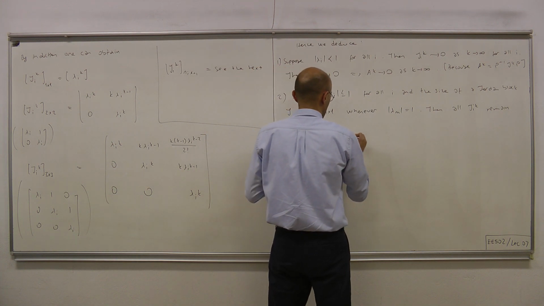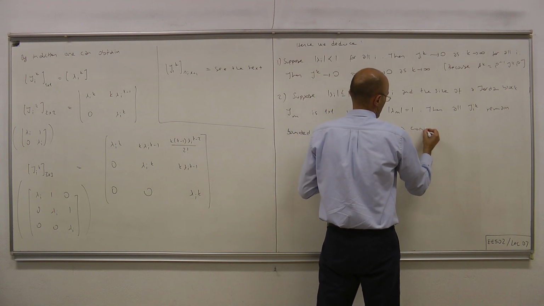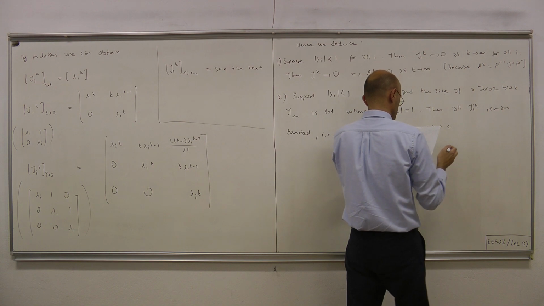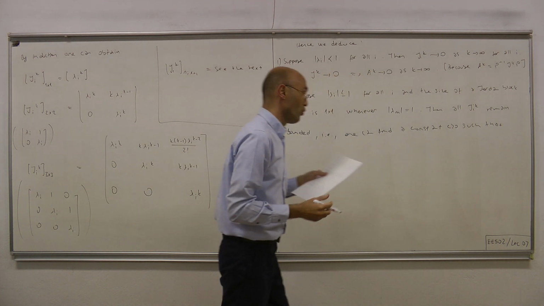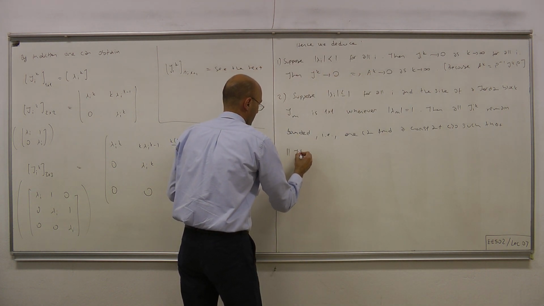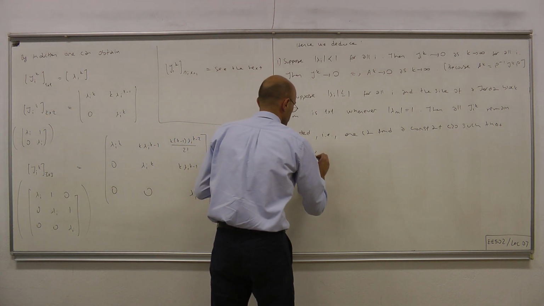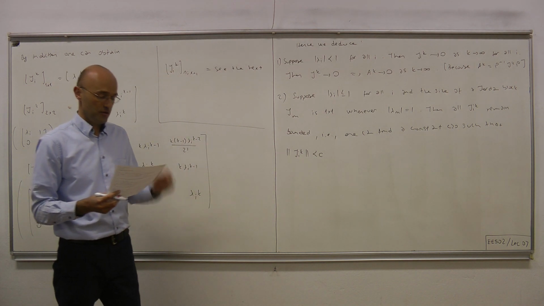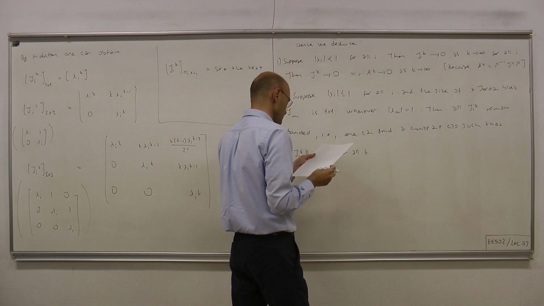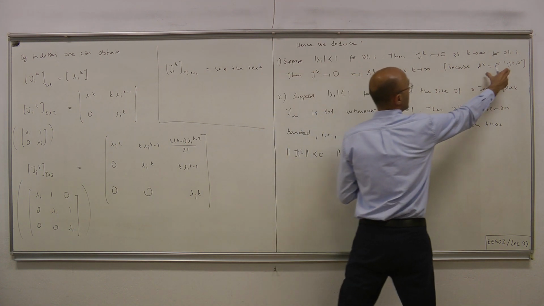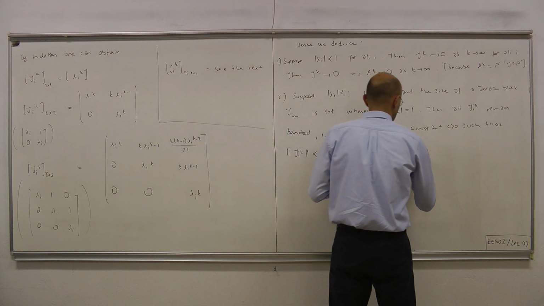That is, one can find a constant C such that the norms of the kth power of each Jordan block are strictly less than that constant C for all k. Then, due to that, A to the k, the transition matrix, remains bounded.